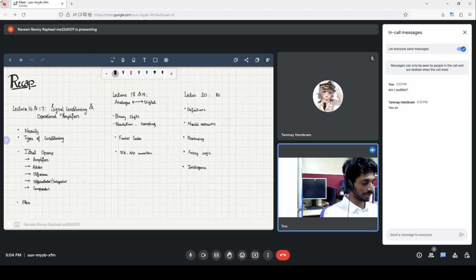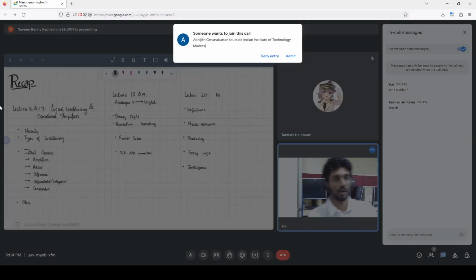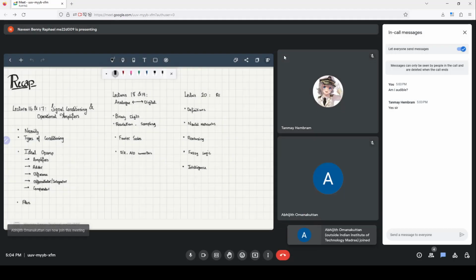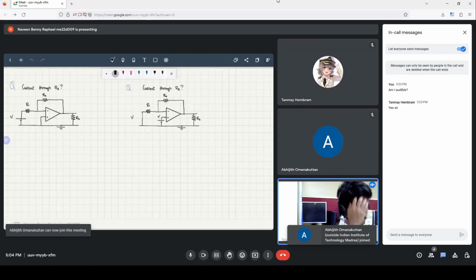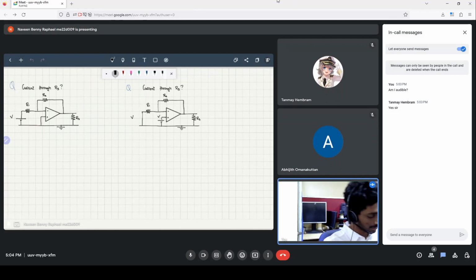So we'll first begin with the first question on operational amplifiers. The first question is to find the current through the resistor R3. I will give you 2 minutes to solve this.